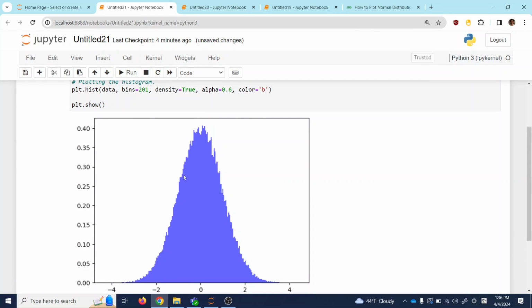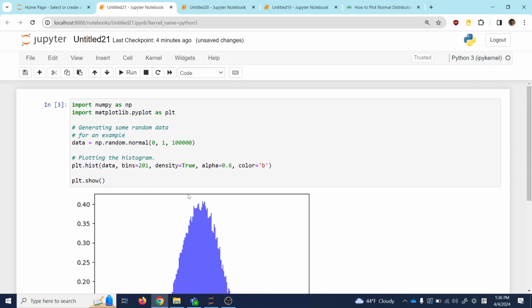So this is your normal, usual bell curve, and let me just give you a quick explanation of this code. NumPy has a function called random.normal, which gives you random variables from a normal distribution with average and standard deviation given like this.